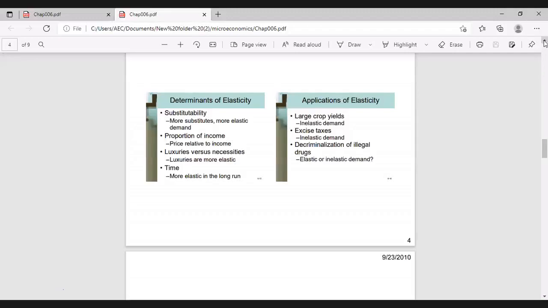So the other factor is the proportion of income. What portion of income is the product price determines the elasticity of demand.